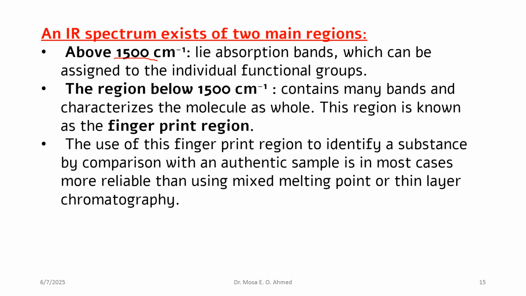The other part is the region below 1500 centimeter minus 1. This contains bands that characterize the molecule as a whole, which is known as the fingerprint region. So the fingerprint region is the area below 1500 wave number.